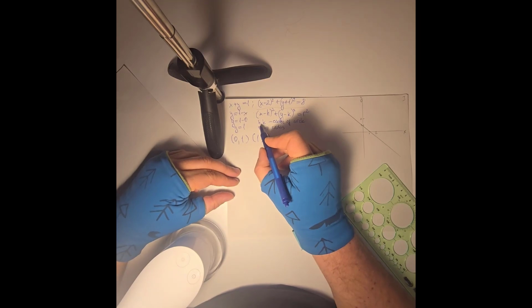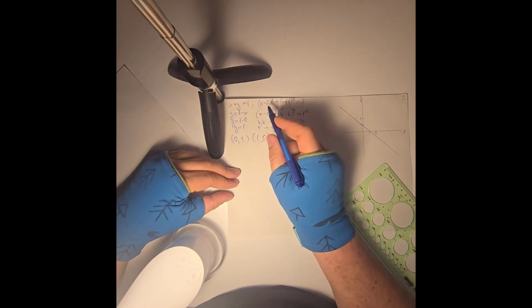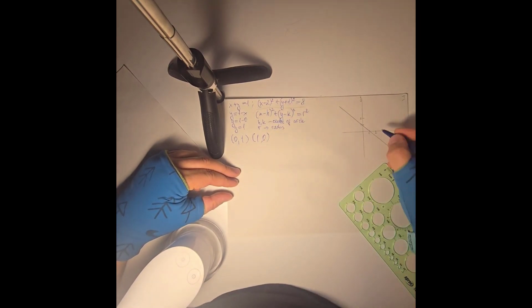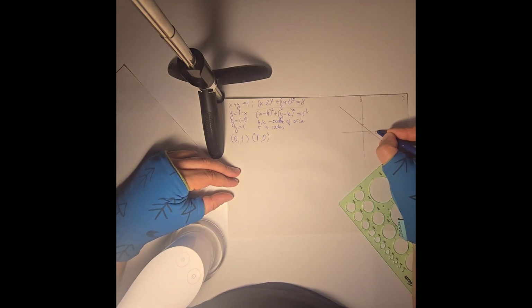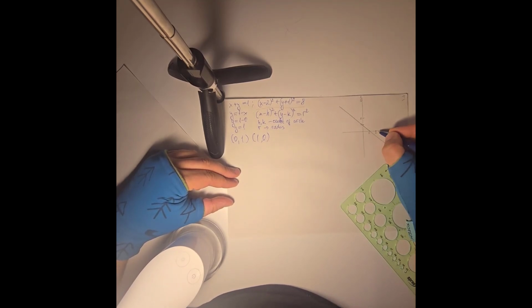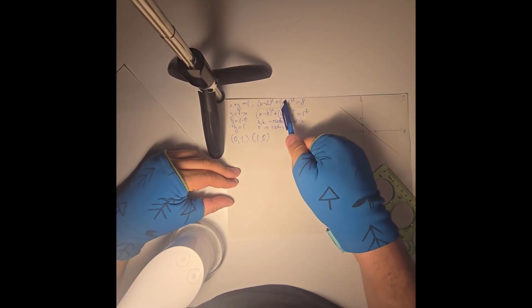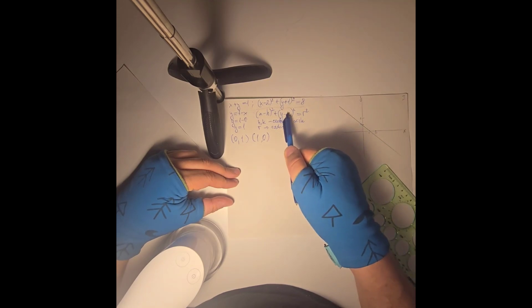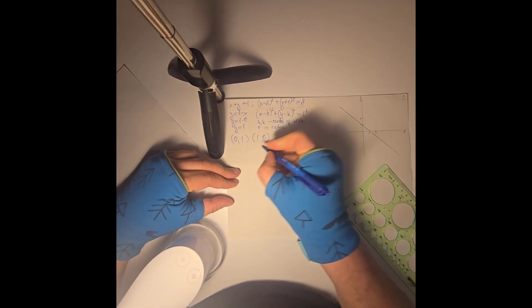In our case, h equals 2, and k is here 1, but we see the minus, so it's minus 1.